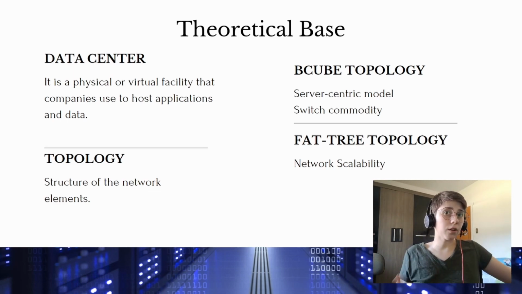And the fat-tree topology is organized in a different way, in a K-ary tree structure. This topology is focused on answering network scalability. So I want scalability, a large network with this topology.